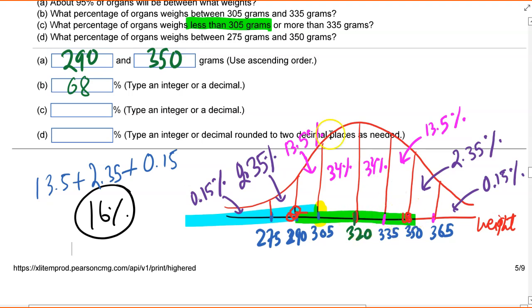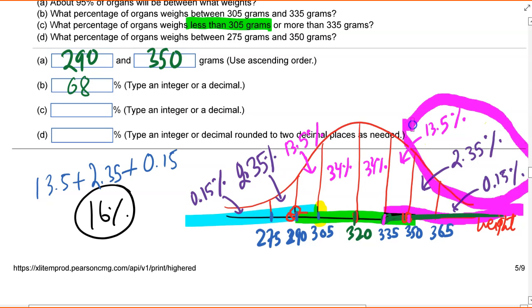How about more than 335? 335 is here. More than 335 is this way. Therefore, you're adding these three numbers to get how many percent are more than 335.